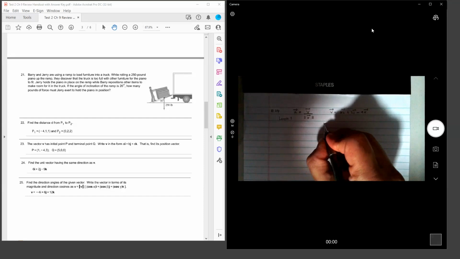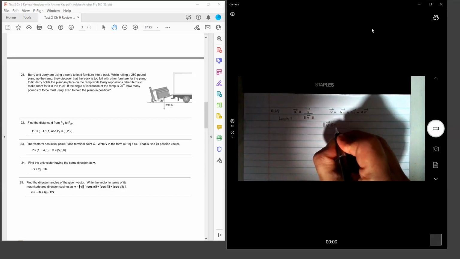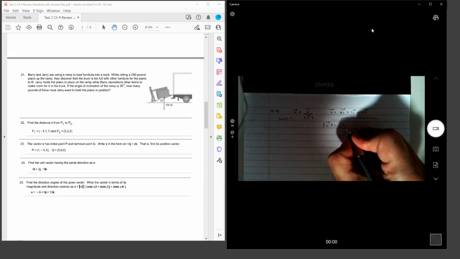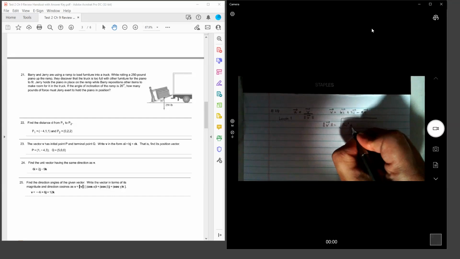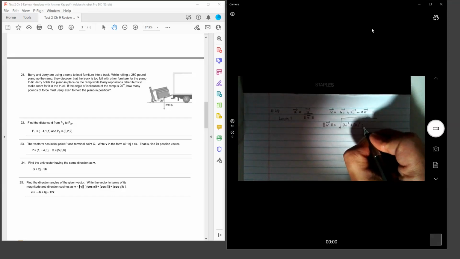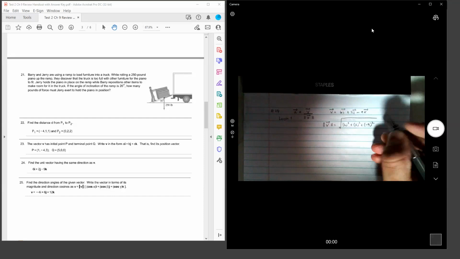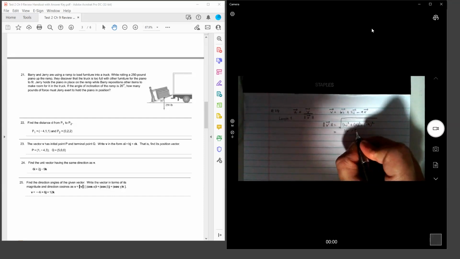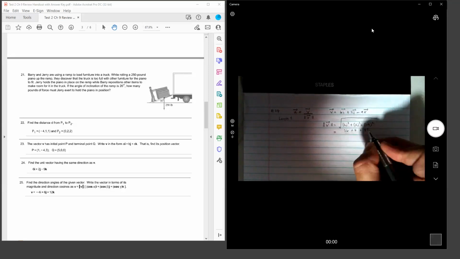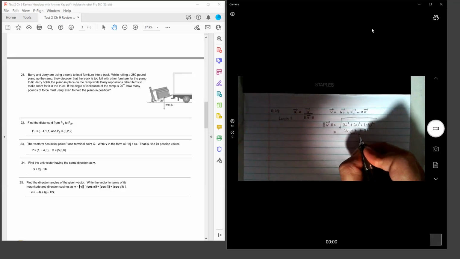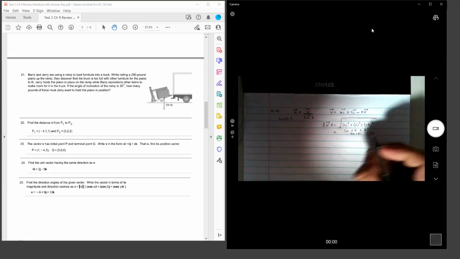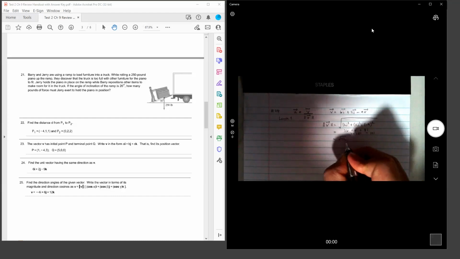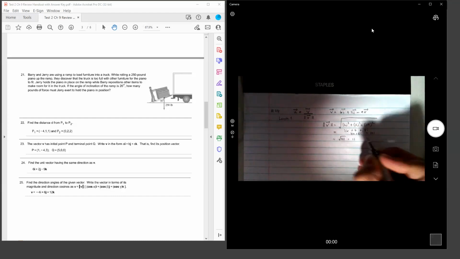So its magnitude is going to be the square root of 6 squared plus 2 squared plus negative 9 squared. This will be equal to 36 plus 4 plus 81. We get 40 plus 81. We get 121. So this would be equal to the square root of 121, or luckily 11.